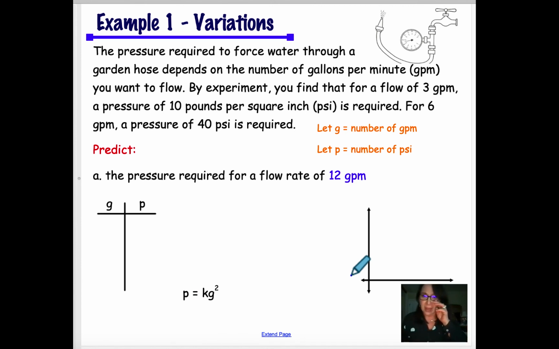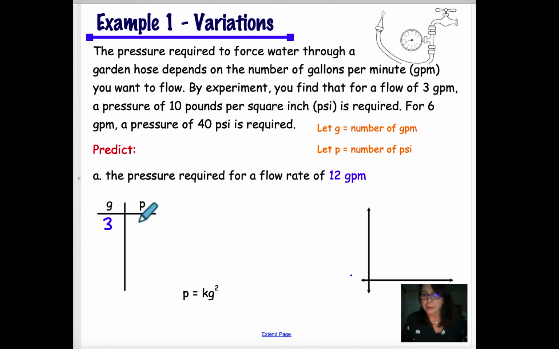This one is water pressure. It says the pressure required to force water through a garden hose, and this is our garden hose here, depends on the number of gallons per minute, that's GPM, you want to flow. By experiment, you find that for a flow of 3 gallons per minute, a pressure of 10 pounds is required. So we've got 3 gallons per minute.